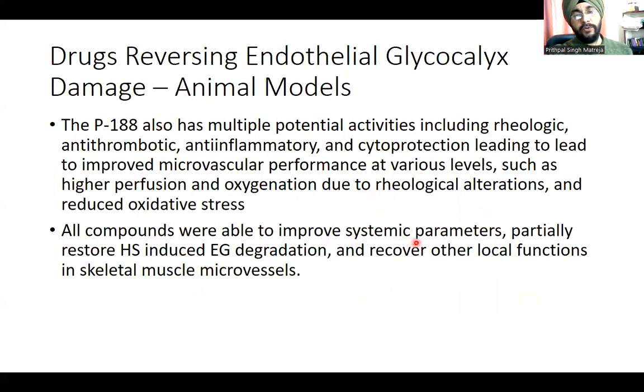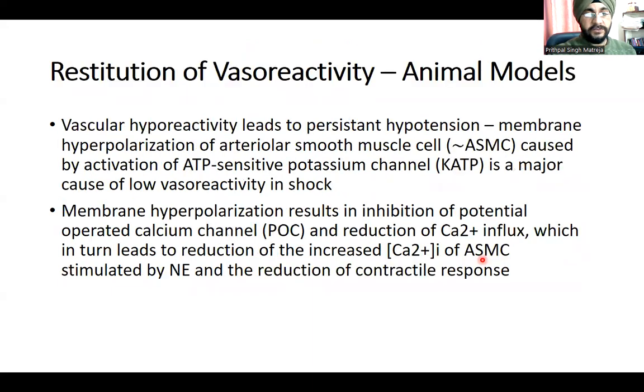All compounds were able to improve systemic parameters, partially restore hemorrhagic shock-induced endothelial glycocalyx degradation, and recover other local functions in skeletal microvessels also. There was another animal model that I found interesting, which was on vasoreactivity.